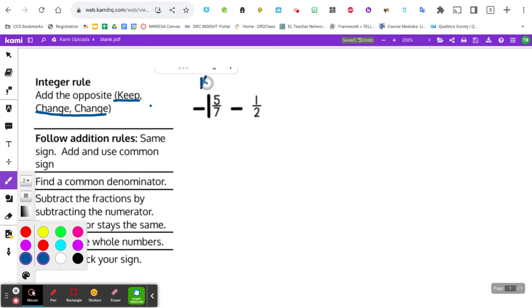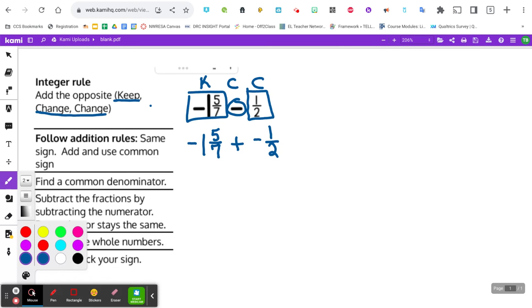We need to keep, change, and change. So I'm just going to rewrite this by leaving the -1 5/7 just as it is. I'm changing subtraction to addition, and I'm changing the positive 1/2 to a -1/2.